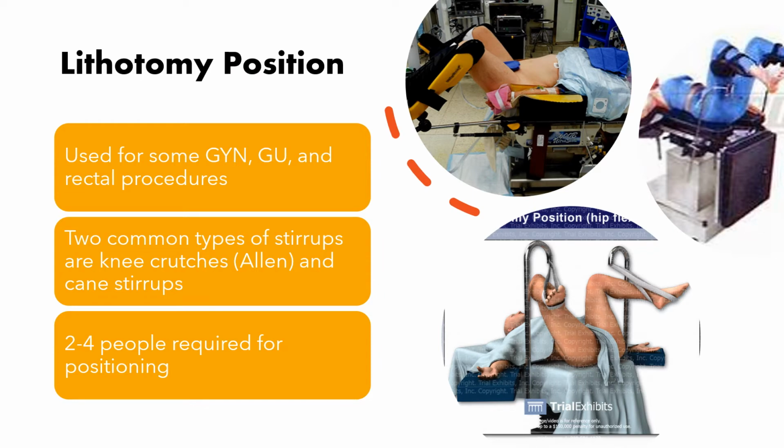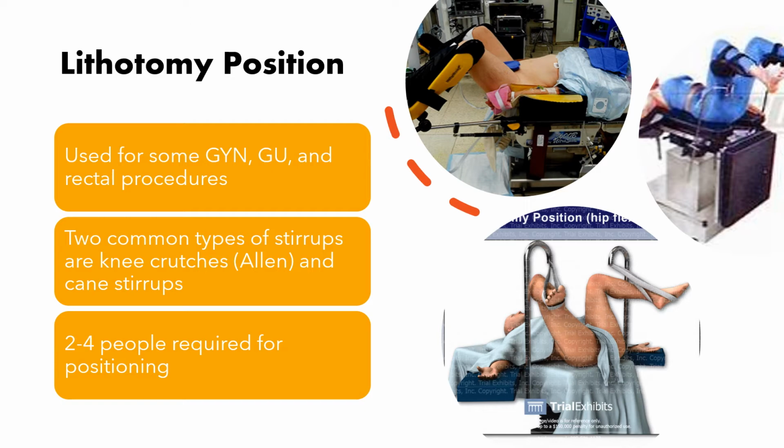All right, so the first position on our list is the lithotomy position. As you can see from these 3 images here, there are a variety of different types of stirrups that we can use. The top 2 images, the book refers to these types of stirrups as knee crutches. The yellow ones that you see are referred to as the Allen stirrups.